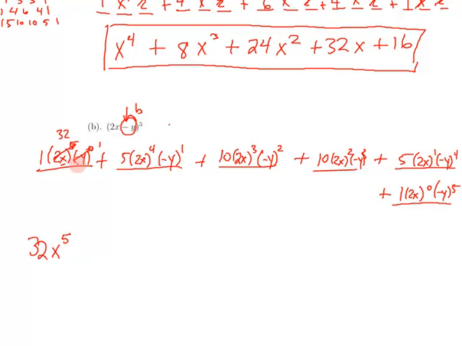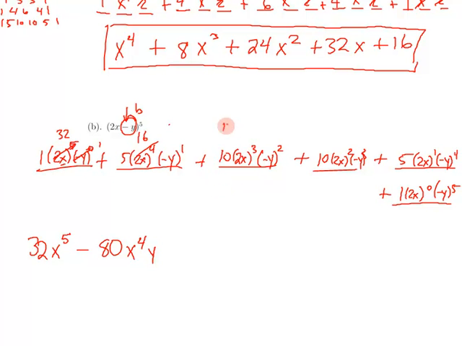Okay, next I have 5. 2 to the fourth is 16. 5 times 16 gives me 80. But I've got a minus y here, so that means that this is going to be a negative. All I'm doing is taking 5 times 2 to the fourth times negative 1, which gives me a minus 80. I have an x to the fourth and a y to the first.